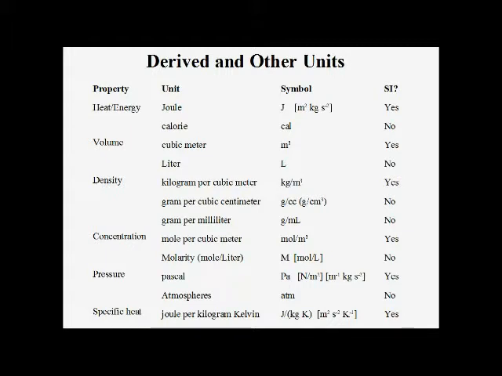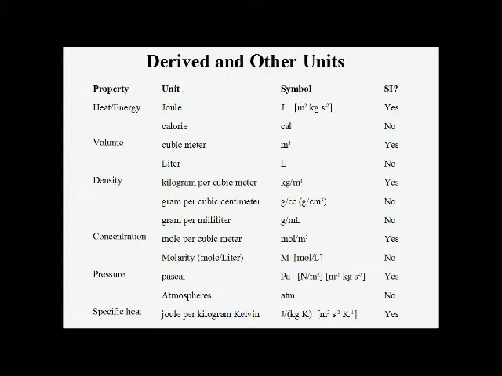It also shows how we can convert between energy, mass in kilograms, distance in meters, velocity in meters per second, and acceleration in meters per second squared. So the SI units allow us to convert between different properties.